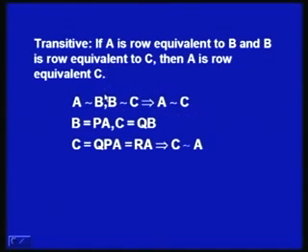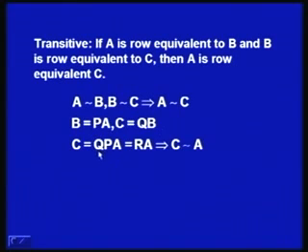To prove this, let us say A is equivalent to B means there exists a matrix P such that B is equal to PA. Now, B equivalent to C means there exists an elementary matrix Q such that C is equal to QB. Now, if I write B is equal to PA from here, then C is equal to QP into A. What is QP?